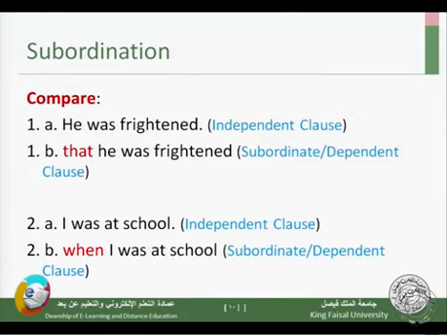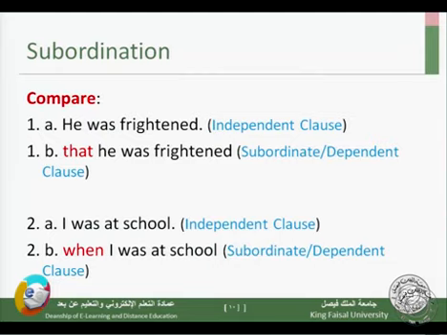So in number 1a, he was frightened, this is a full sentence, it is complete, it is independent, and this is a grammatical sentence. But in number 1b, that he was frightened, this is only part of a sentence. Okay, it needs to be added to a main clause to be complete. So we call this a subordinate or a dependent clause.